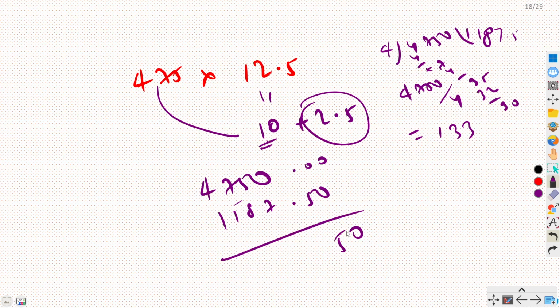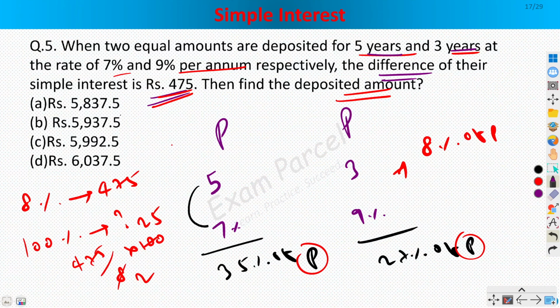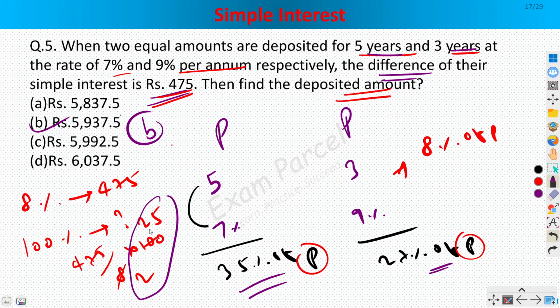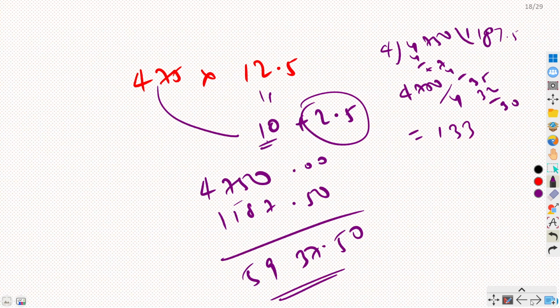If I add them, then 5, 9, 3, 7, 5. Right? 5937.50. So option B. So there was some calculation here, but otherwise this approach is very fast. This is only due to this value 12.5 multiplying this slightly lengthy.